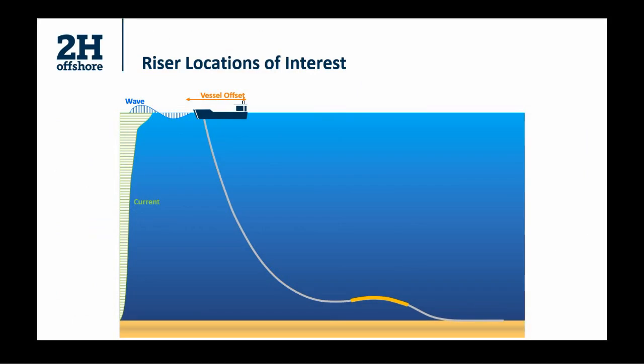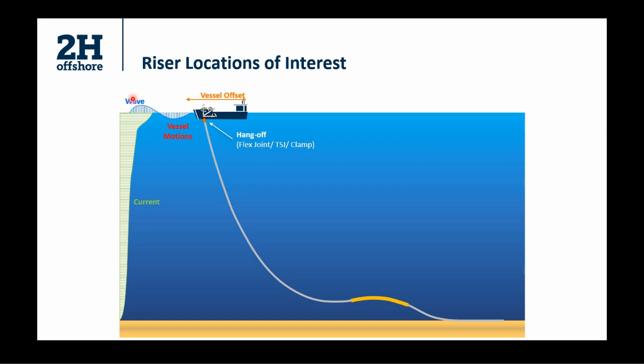Let's now look at a typical production riser in the form of a lazy wave. The primary loads include current, wave, and vessel offsets. This is in the form of direct environmental loading on the riser system. Additionally, we have loading through the vessel in the form of 6 degrees of freedom motions as a response to these environmental loads.